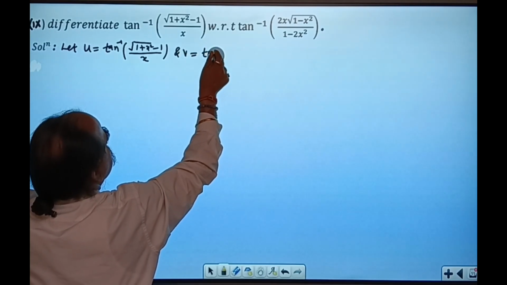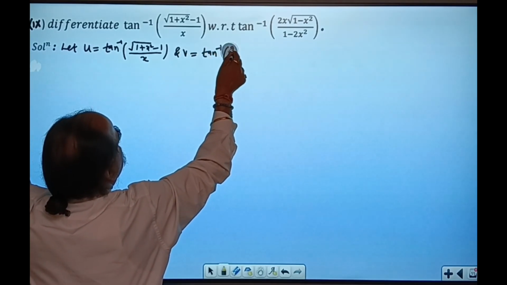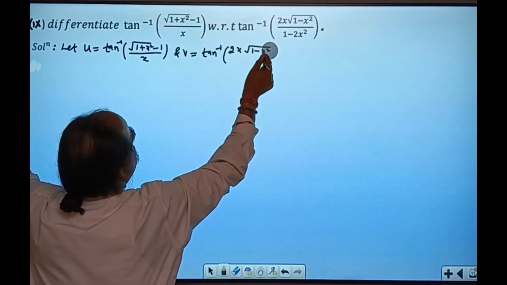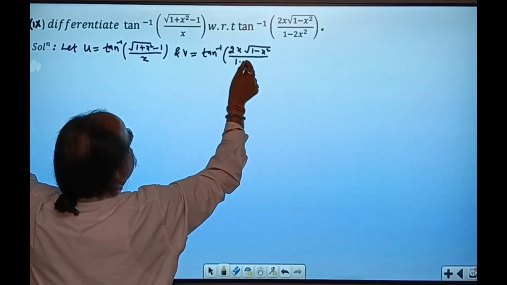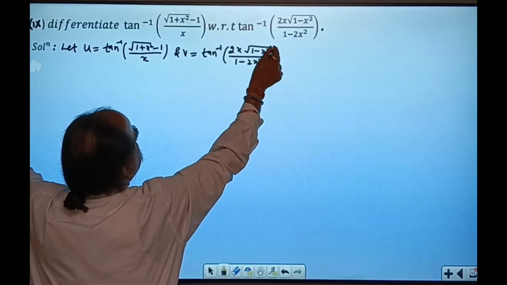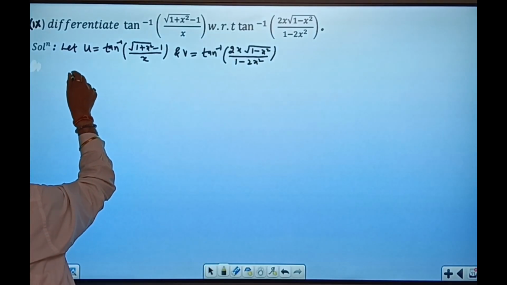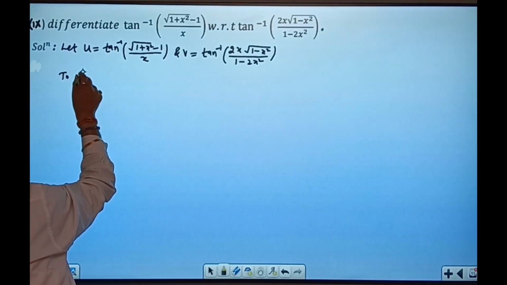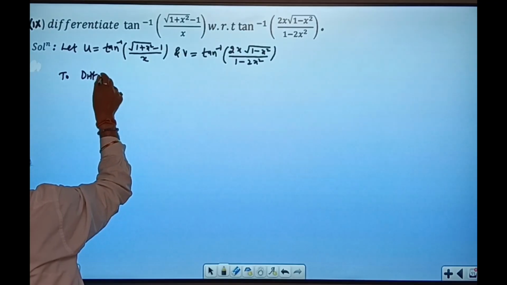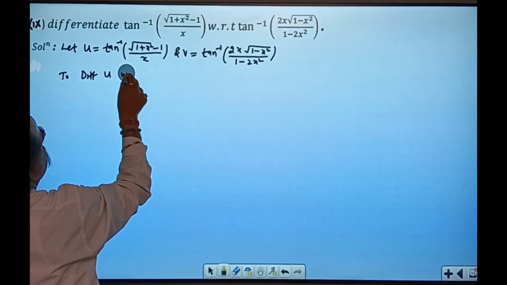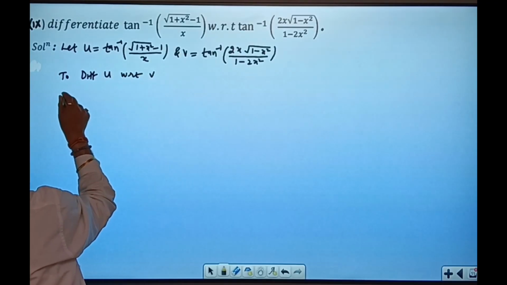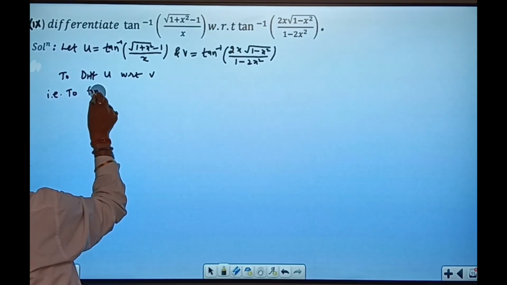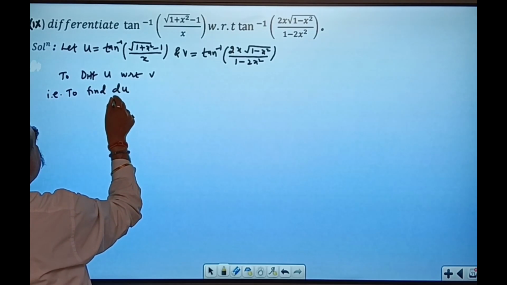Tan inverse 2x root 1 minus x square upon 1 minus 2x square. To differentiate u with respect to v, that is to find du by dv.